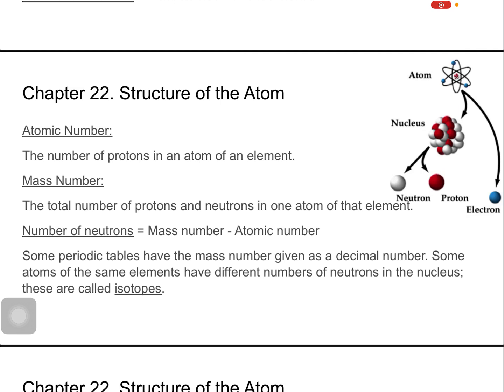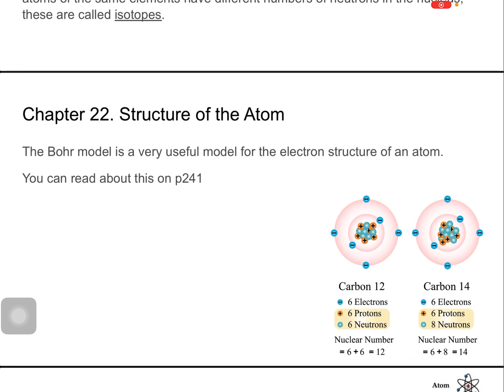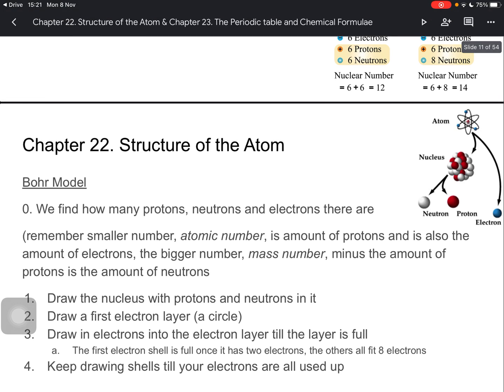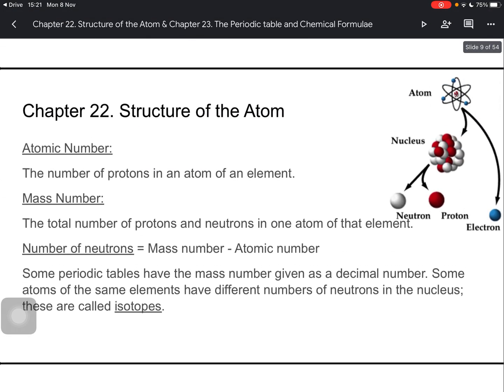And for that reason, it's saying 3.6 because sometimes it has 3, sometimes it has 4. So it's kind of trying to figure out it's somewhere in the middle. And that's where we start to look at isotopes. So isotopes are atoms of the same element that have different numbers of neutrons in the nucleus. Okay, so that is all we need to learn for isotopes.